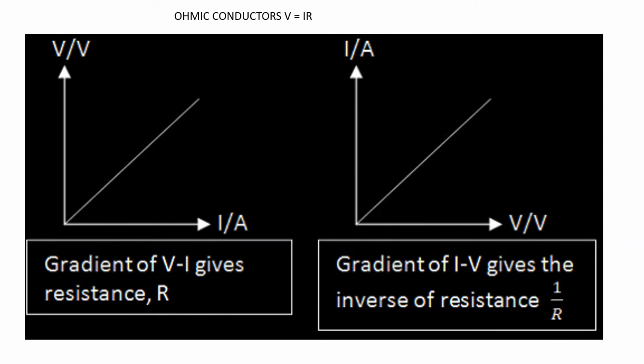And also, just lastly, V equals IR, this is Ohm's law. So anything that obeys Ohm's law, V equals IR, will be a straight line. If you look at the one on the left, V against I, the gradient of a graph where it says V against I will give you resistance. However, if you have IV, usually the IV characteristic, the gradient of that would be 1 over R. So to work out the resistance when you have an IV graph, it is 1 over the gradient.